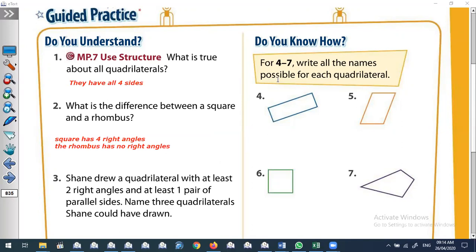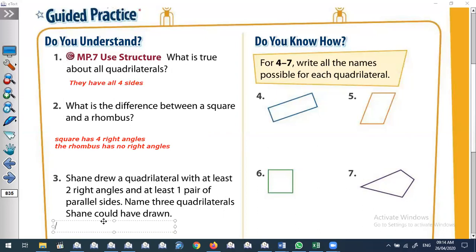The next one, number 3. Shane drew a quadrilateral with at least two right angles, and at least one pair of parallel sides. Name 3 quadrilaterals Shane could have drawn. We have at least two right angles and at least one pair of parallel sides.